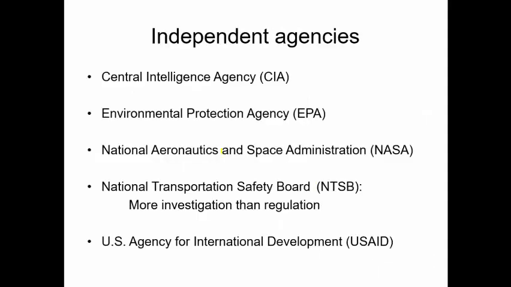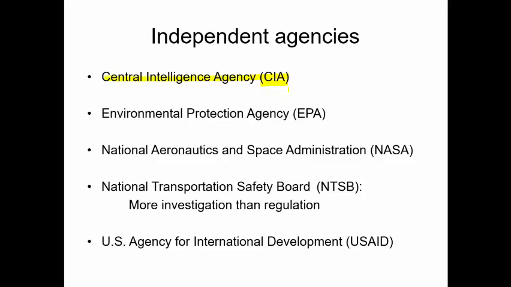So let's talk about some independent agencies. The CIA is an independent agency because it needs to be fairly autonomous in gathering intelligence. It cannot necessarily be loyal to the Navy or loyal to Homeland Security. The CIA is part of that inner office of the president there. The CIA director reports directly to the Director of National Intelligence, who actually sits in that executive office in the National Security Council with the president.